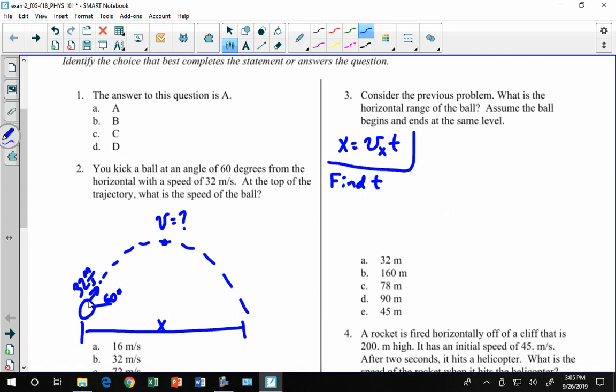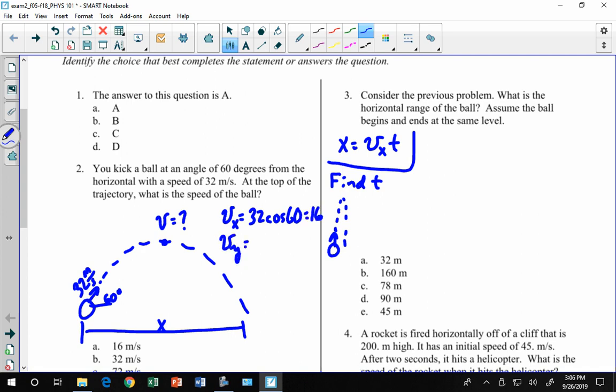In order to find t, we need to go back to that problem that we worked for the last test, where I have an object that goes up and then comes back down again. It's the same problem. In order to do so, I need to find the x and y components of my velocity. Vx is equal to 32 cosine 60. That's equal to 16.